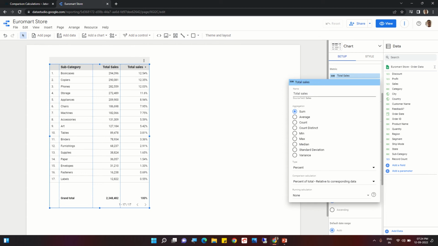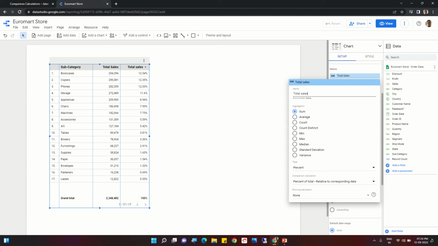What percentage is this 294396 of the grand total? This is 12. Accordingly it has responded to the corresponding sales. For example, bookcases is 12.54, then copiers is 12.3935.